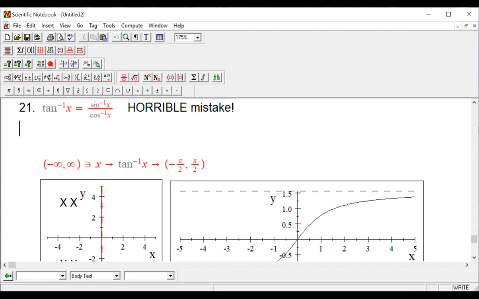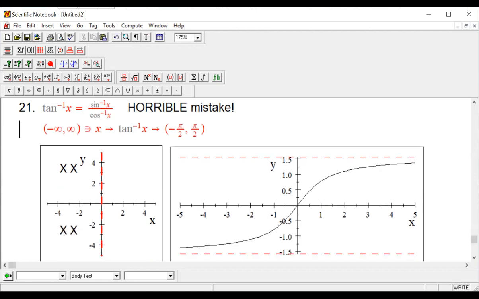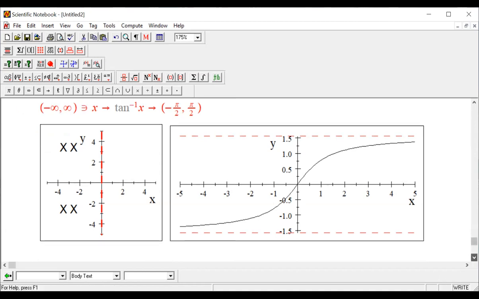So you look at the domain on the left-hand side. And besides, even if you pick a number between -1 and +1, what are you going to do about it? You have one angle divided by another angle. So if you look at the functions from a domain and range perspective, let's use this opportunity to review.